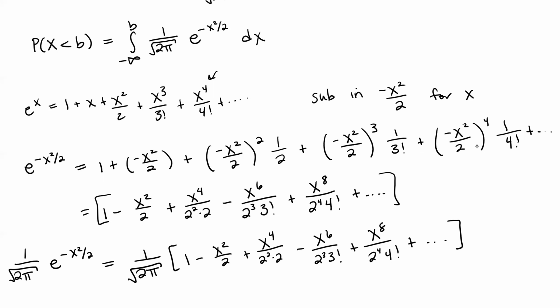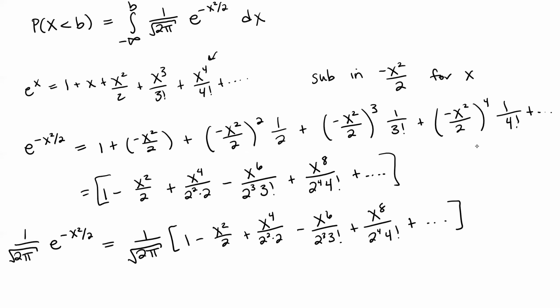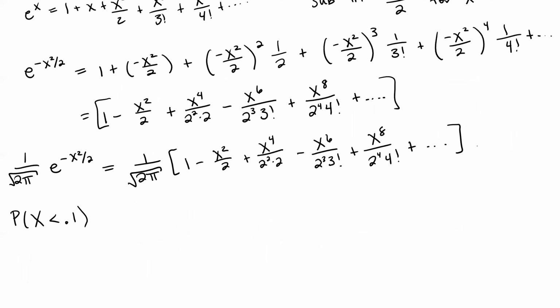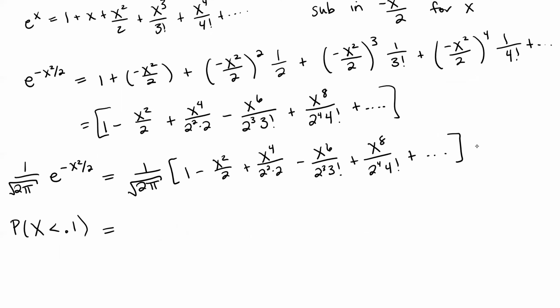Okay, so now we have written our integrand as a Taylor series, and so we can go ahead and actually do this integration. So if we want to know the probability that x is less than some value b, maybe let's call it 0.1, just so that we can have a concrete number to work with, then we know that we need to integrate over our integrand from negative infinity up to 0.1.